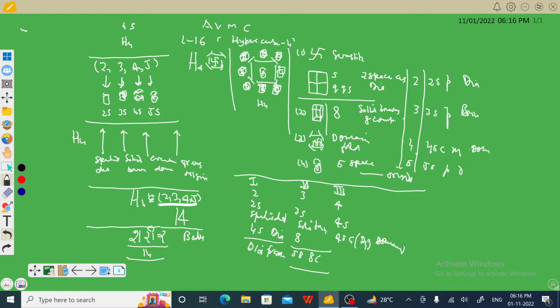Then this feature makes the 4 space body as 4 space content lump in the role of a domain. Next is number 5. It is 5 space, and it is playing the role of an origin.